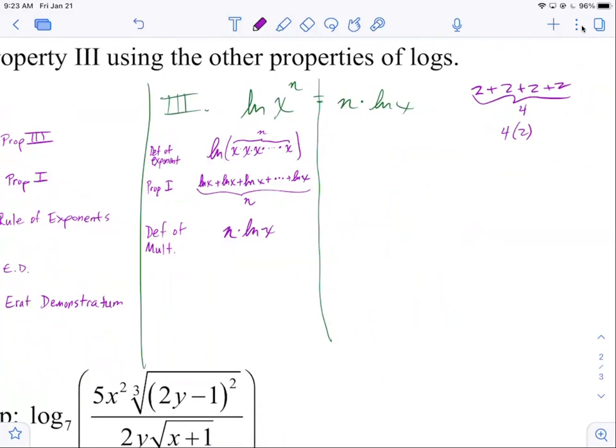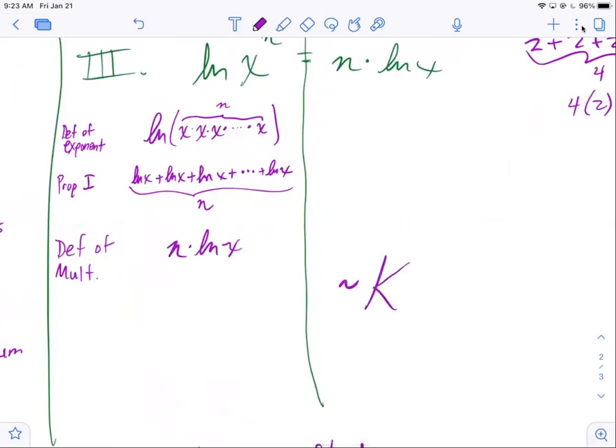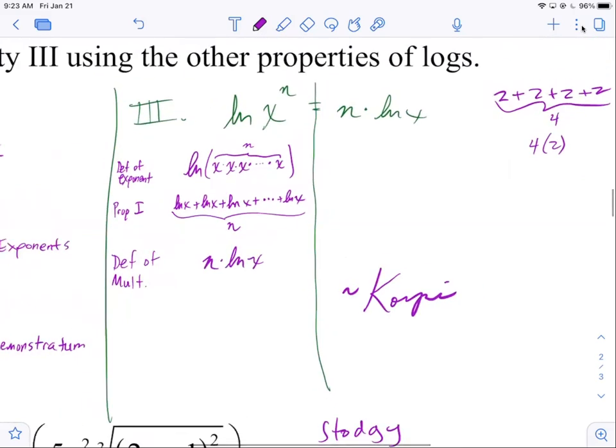So instead of writing QED, which is a little bit stodgy, another good word, stodgy, a little pretentious, what I like to do is sign my name to it, kind of like a mathematical artwork, right? Oh, is that a Corpy original? Oh yeah, it is.